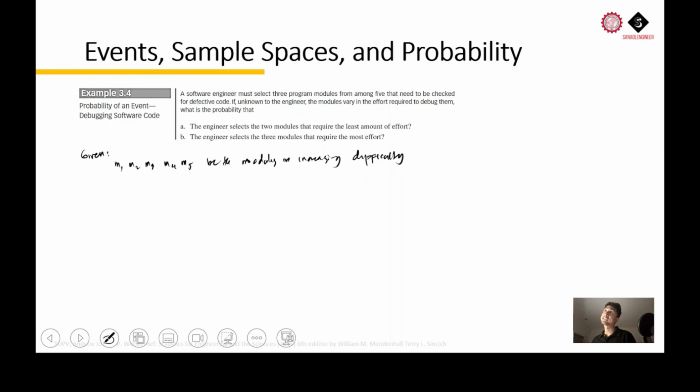The second step is assigning probabilities for each simple event. But first, of course, we can assign only if we have identified already what the simple events are. So out of five, the engineer has only to select three. So it could be 1, 2, 3, 1, 2, 5, and so on. So let's complete the list.